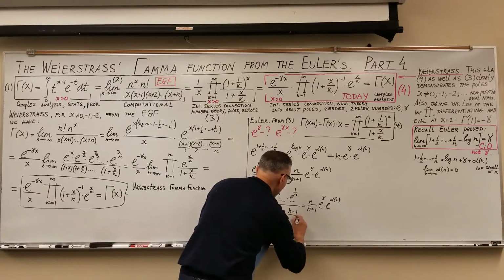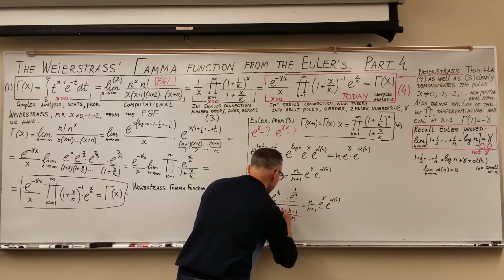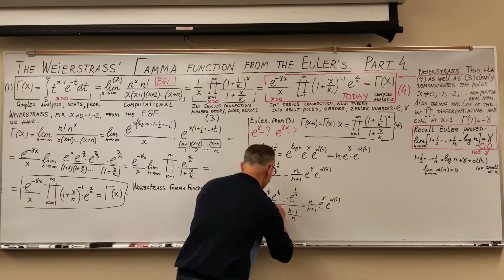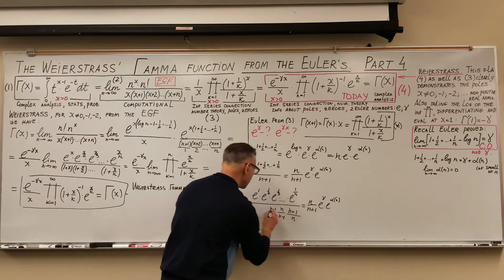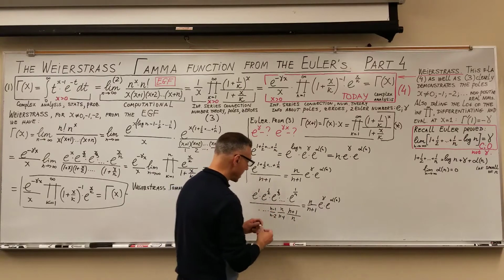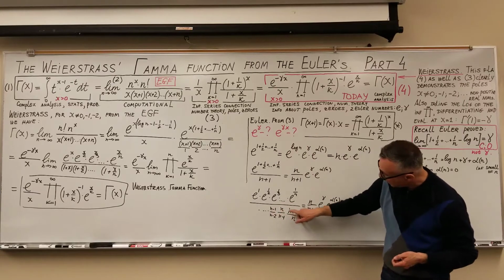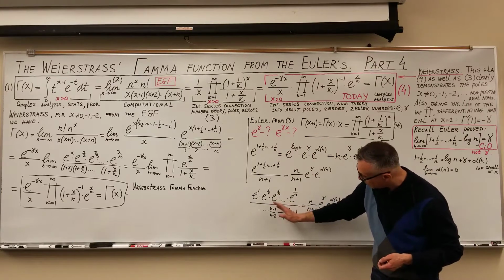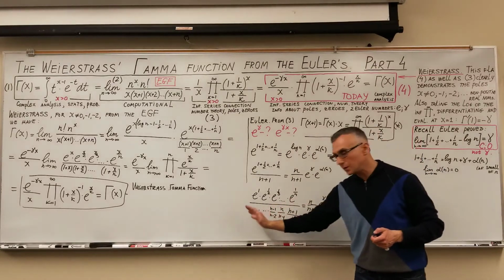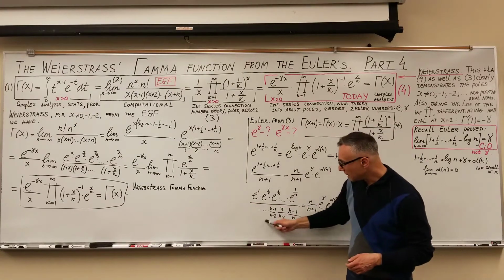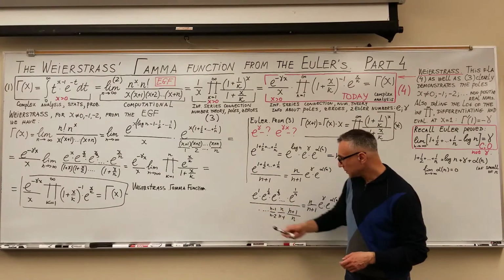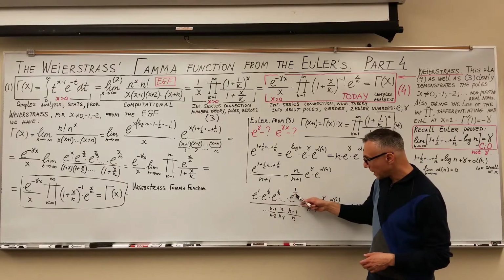I will divide by n and multiply by n. Divide by n minus 1, multiply by n minus 1. n minus 2, and so on. So this way, all the fractions will reduce each other. n reduces. n minus 1 reduces. And so diagonal reduction of all the fractions, and I will end up with n terms from n to 1.